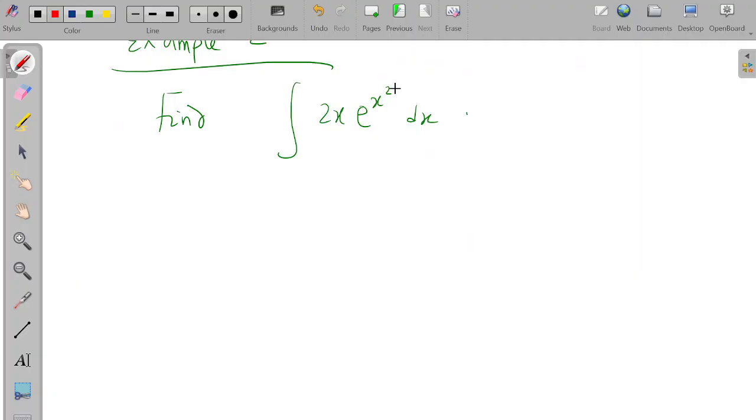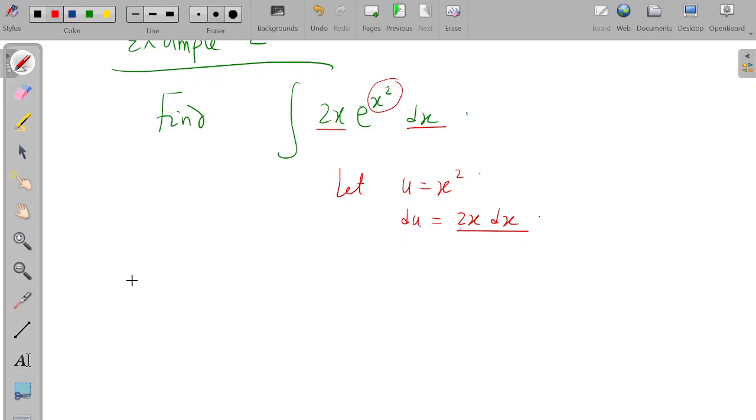Again, if you look at this, this is x raised to power 2, which if we derive, we are going to get 2x. So it's good to make it our u. We say let u equal x raised to power 2. Then the derivative of it gives us 2x dx.